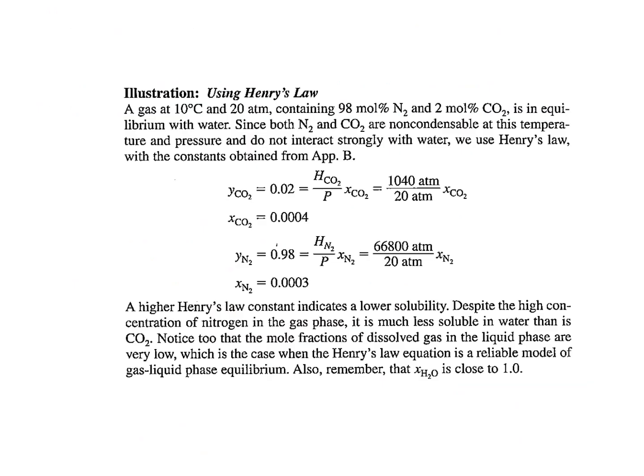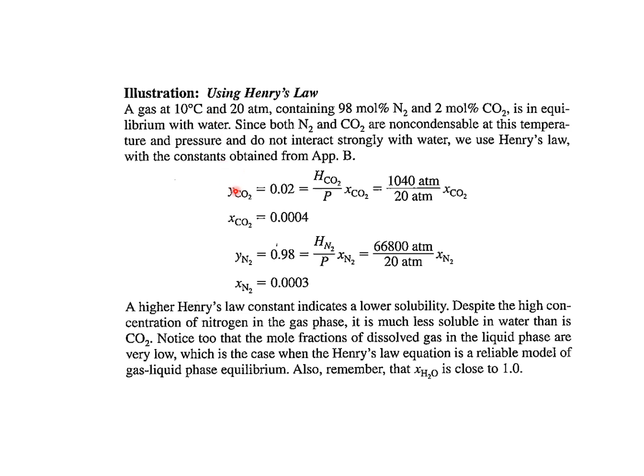Okay, here is a simple illustration about Henry's law. A gas at 10 degrees Celsius and 20 atm total pressure, containing 98 mole percent nitrogen and 2 mole percent CO2, is in equilibrium with water. Let me try to find the concentration or mole fraction in water of nitrogen and CO2 by using Henry's law.